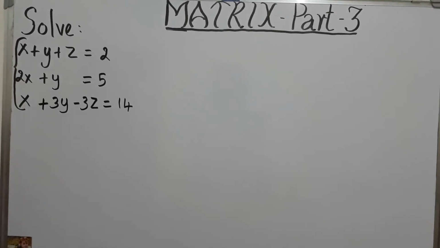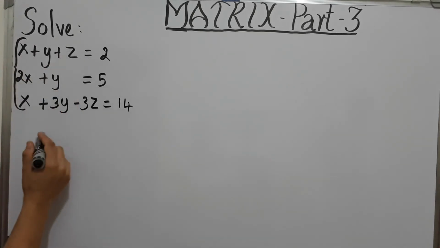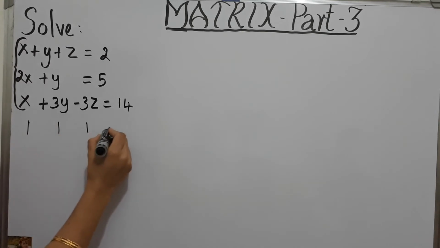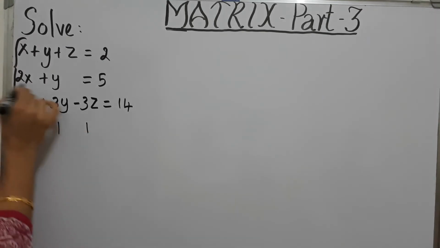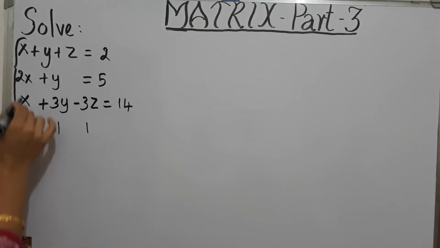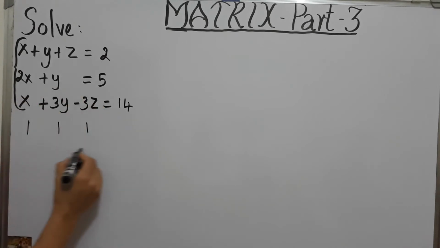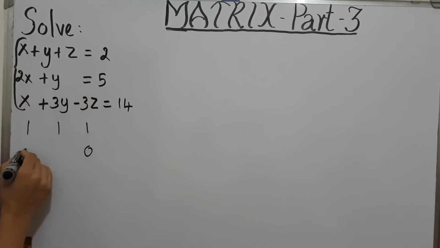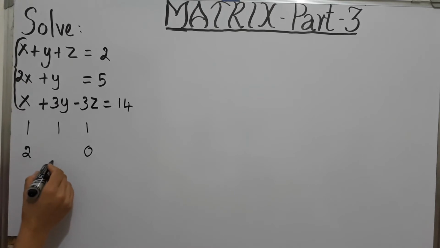Now we can see how to solve a system of equations using a matrix equation. First of all, you have to write the coefficients. So this is 1, 1, 1, and in the second equation you have no z term, so you put 0 here, the coefficient of x is 2, and y is 1.